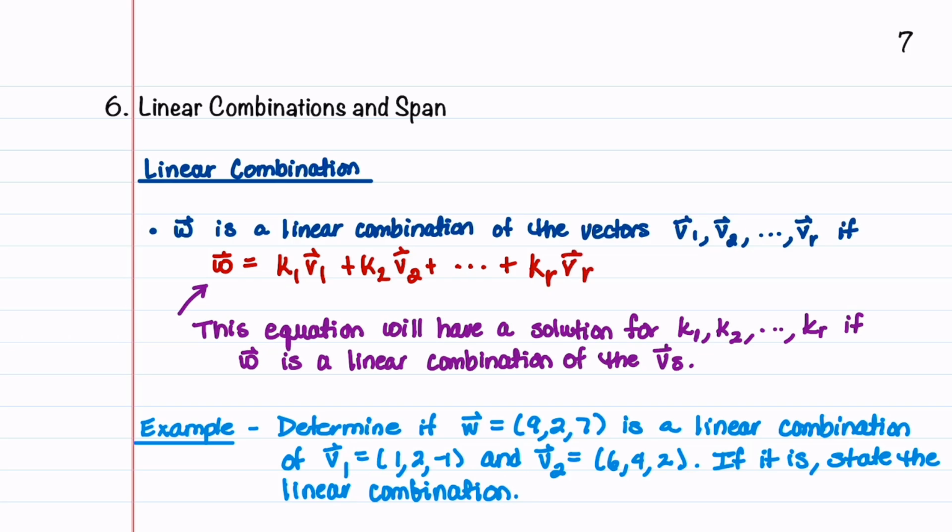So whenever you do a problem where you're working with a linear combination, this is the equation that you need to start with. This equation is going to have a solution for our k values if W is a linear combination of the v's. If W is not a linear combination of the v's, we won't have a solution.